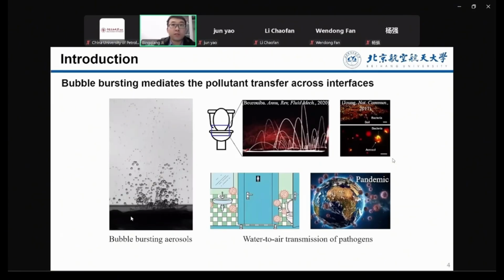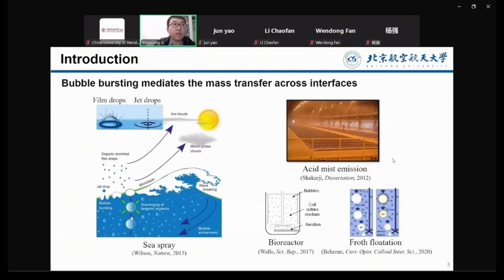So bubble bursting aerosols can transfer the pollutants in liquids to air. It is believed to contribute to the airborne transmission of pathogens in contaminated water in pandemics. And meanwhile, bubble bursting is the main source of sea spray aerosols, impacting the global environment and the climate.